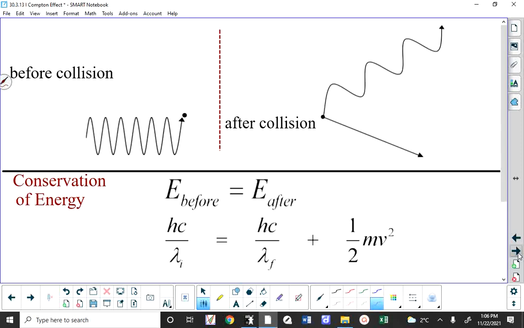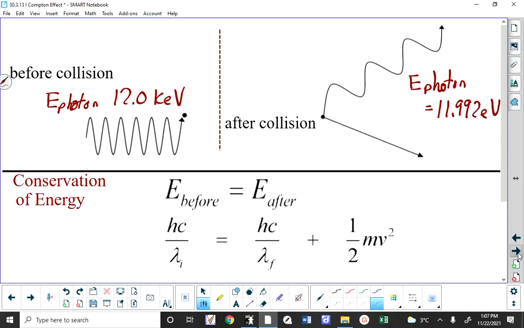And to give you some numbers, if I told you that the energy of this photon before is 12.0 thousand electron volts, and I told you that the energy of the photon afterwards is 11.992 thousand electron volts, and I said to you, why does the photon have less energy?